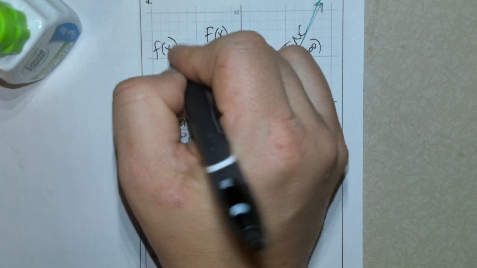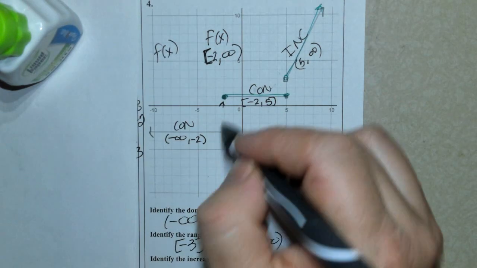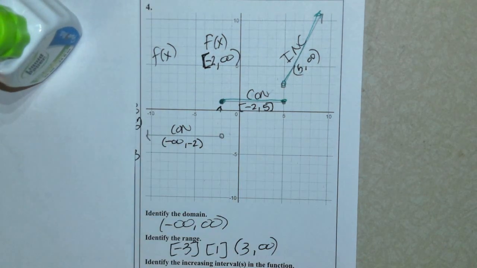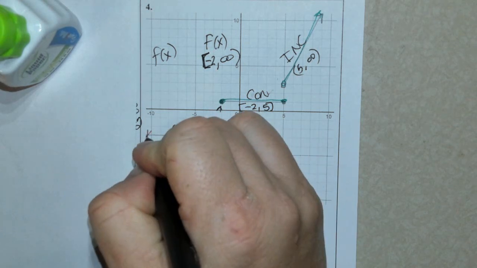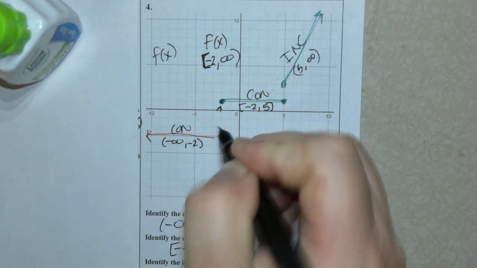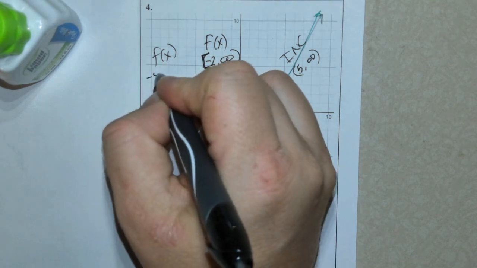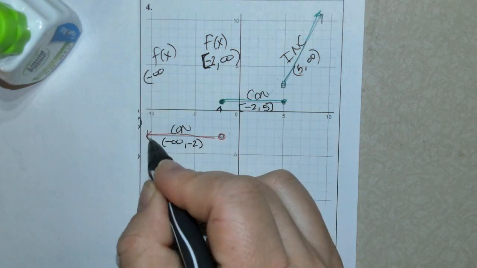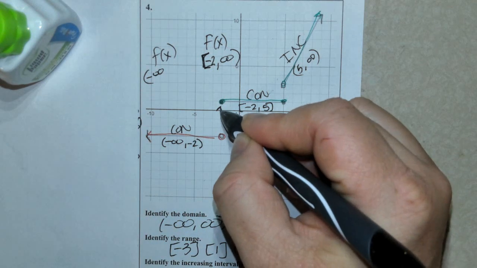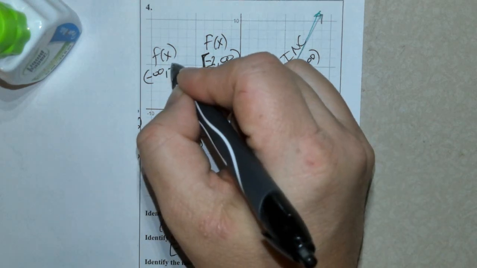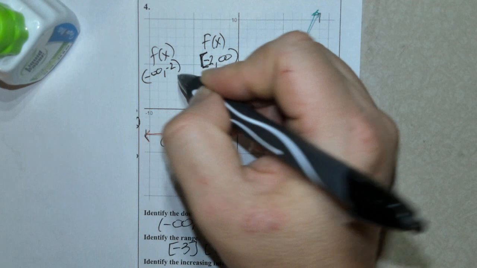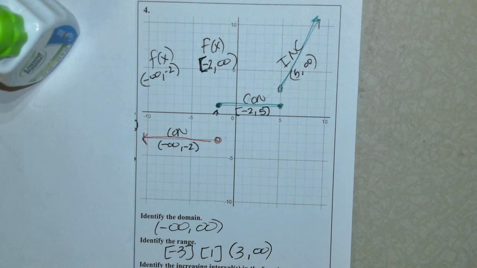Where is f of x negative? Okay, so this is all negative down below. So it comes from an x value of negative infinity, and it continues to remain negative until it stops here at -2. Now at -2, it is open circle, so I leave it with a parenthesis.